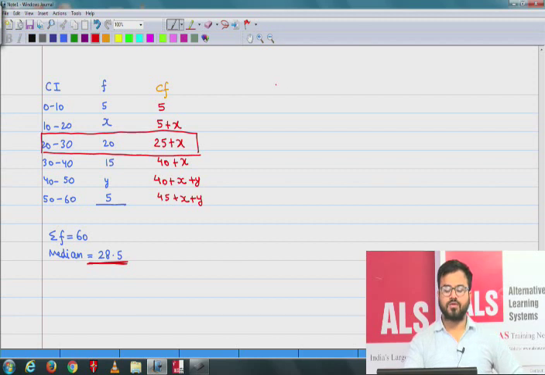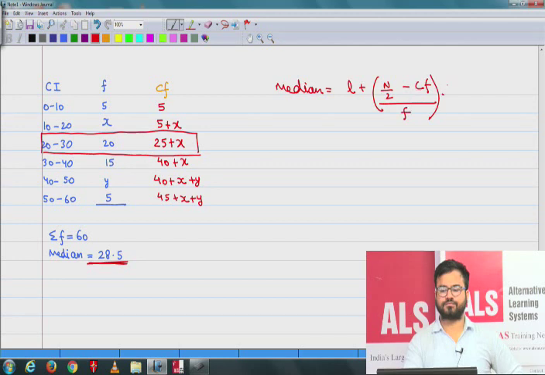So now the formula: L plus n by 2 minus Cf over f into h. The lower limit of the median class: upper limit is 30, lower limit is 20.